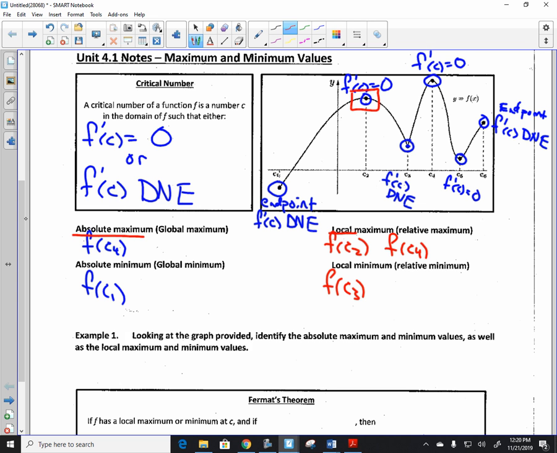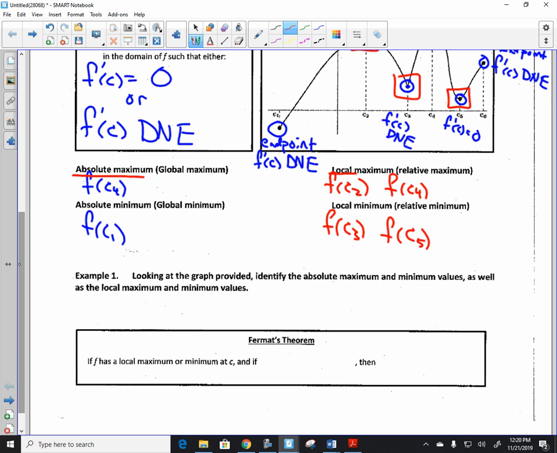Again, the derivative isn't equal to 0, but it is the smallest value within that immediate area. And then also f of c sub 5, it's the smallest value in that immediate area as well. It says, look at the graph provided, identify absolute maximum, minimum, as well as local maxima and minima. We just did that right here.